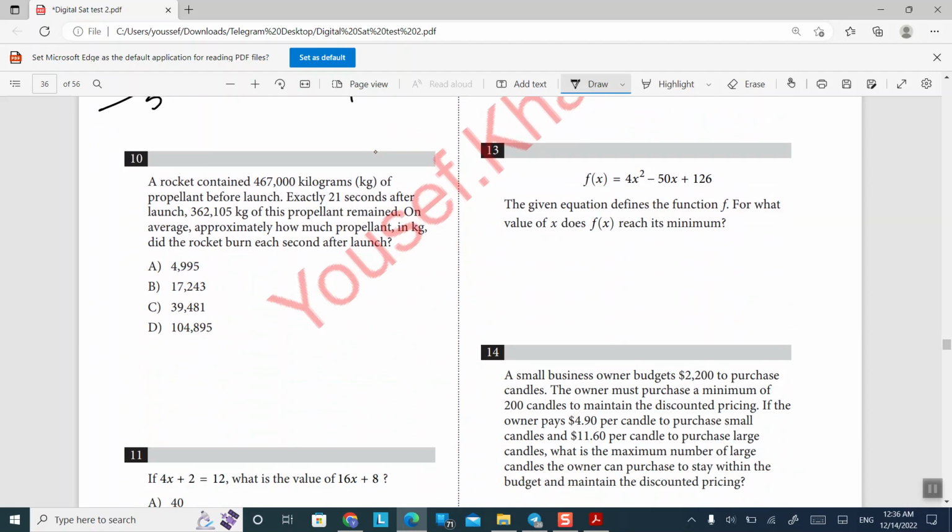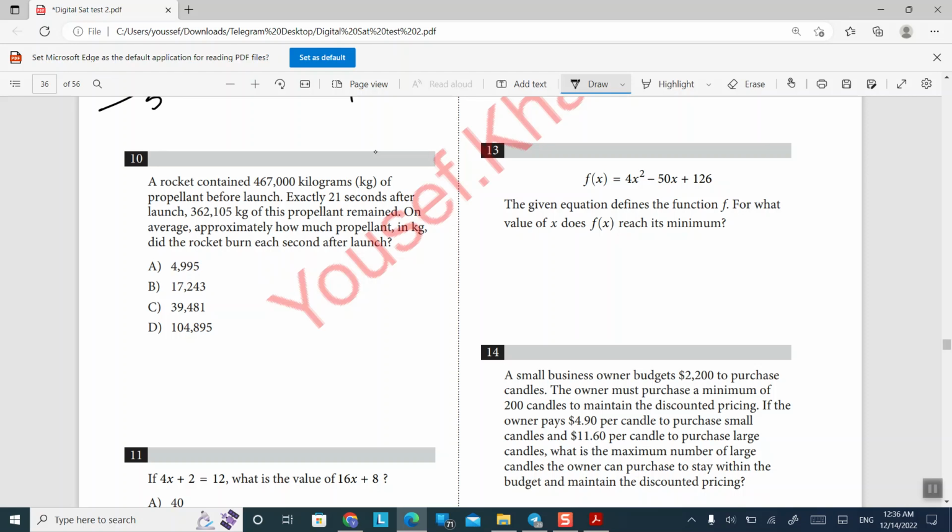It says a rocket contained 467,000 kilograms of propellant before launch. Exactly 21 seconds after launch, 362,105 kilograms of this propellant remained. On average, approximately how much propellant in kilograms did the rocket burn each second after launch?